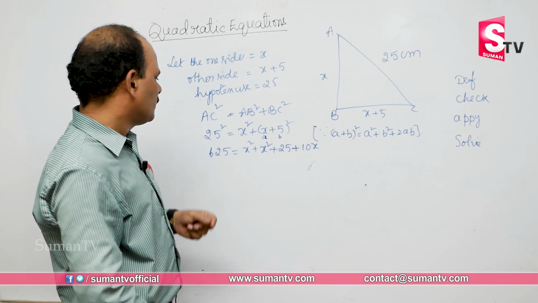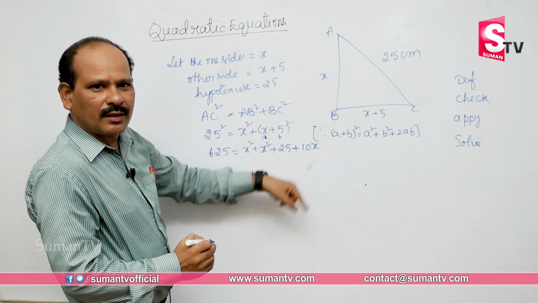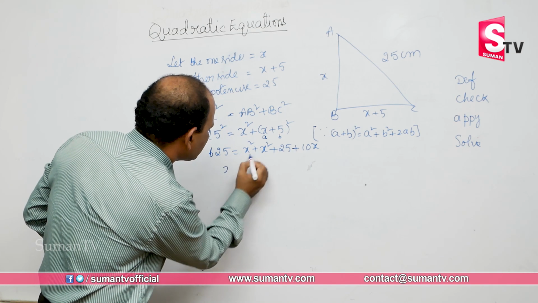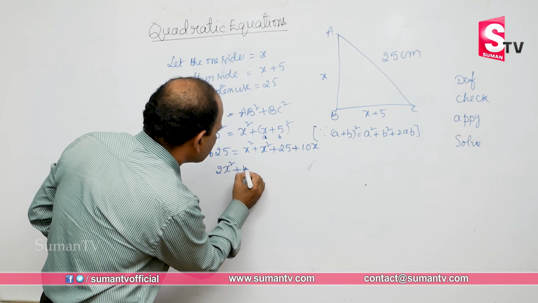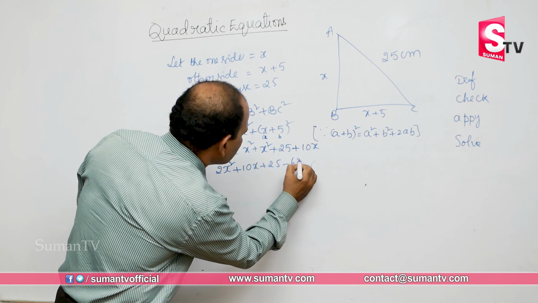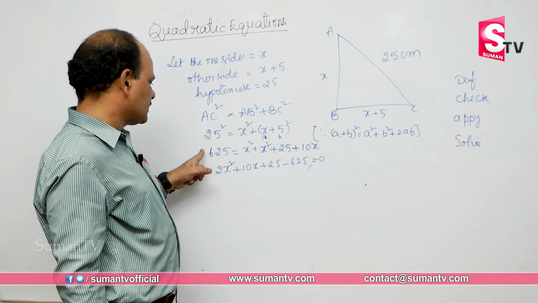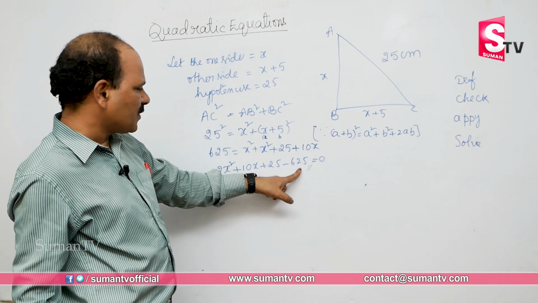10x. Okay, now send this 625 to the right side. X square plus x square, that is 2x square plus 10x plus 25 minus 625 is equal to 0. Now I am taking this 625 to the right side so that it is becoming minus 625.